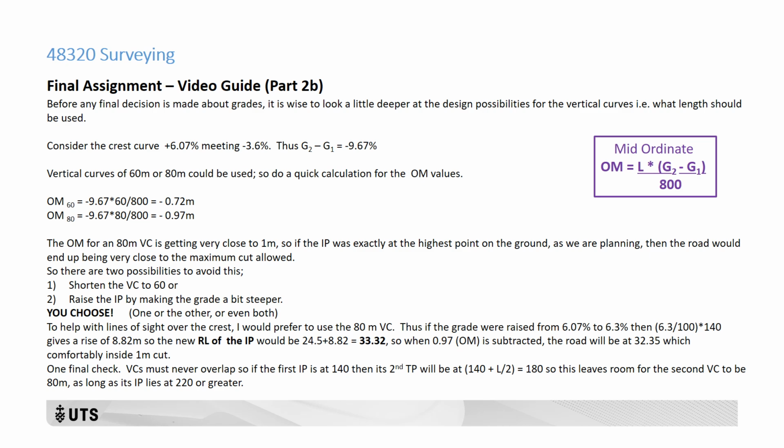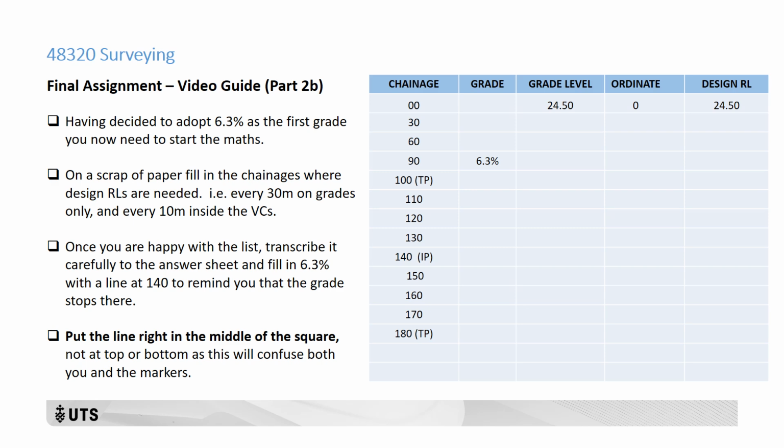That leaves me room for the second vertical curve to be at 80 metres, because 180 plus 40 gives me 220. So as long as the IP of the second curve lies at 220 or greater, I can fit two 80 metre vertical curves together. So I've decided I'm going to adopt 6.3% as the first grade.